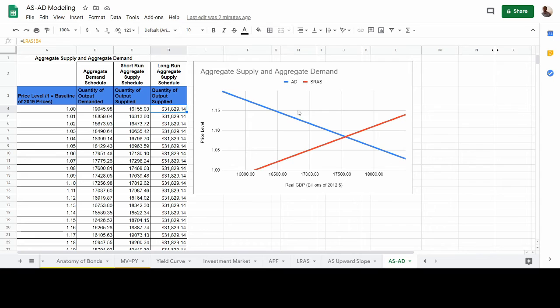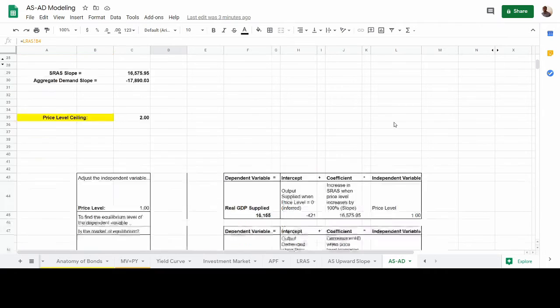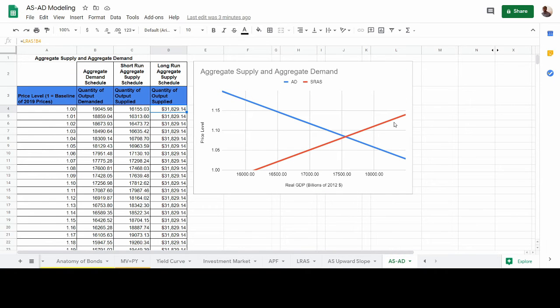The long run aggregate supply curve is no longer visible on our graph because the long run aggregate supply is far above the intersection of the short run aggregate supply curve and the aggregate demand curve. So now they intersect far to the left of the economy, instead of intersecting at a point where they would have been right on top of potential output.